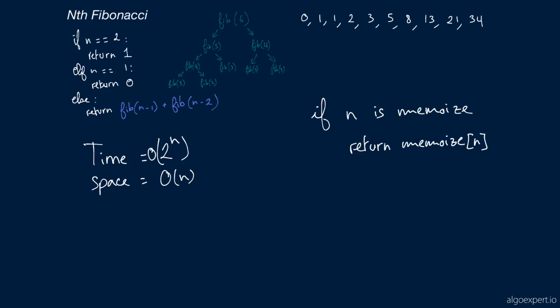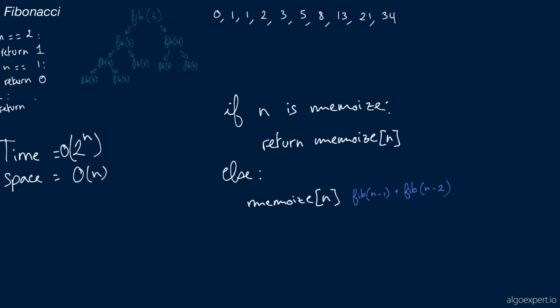Otherwise, else, we store in memwise of n the formula that we had written for our solution above. So we say memwise of n is going to be equal to fib of n minus 1 plus fib of n minus 2.